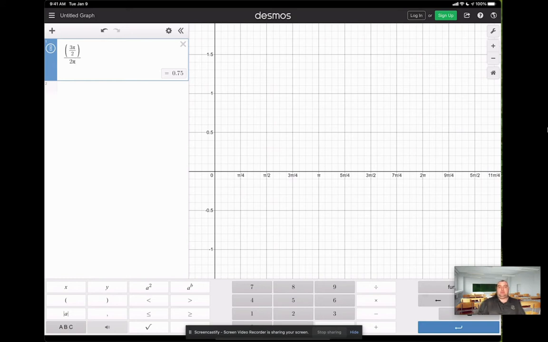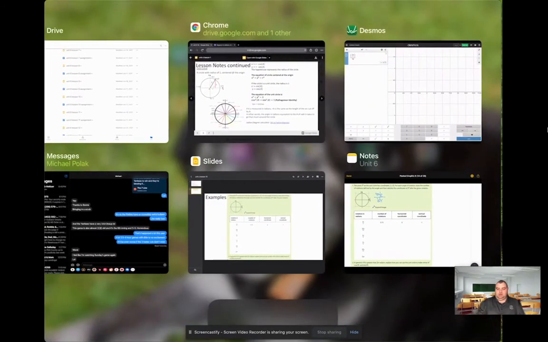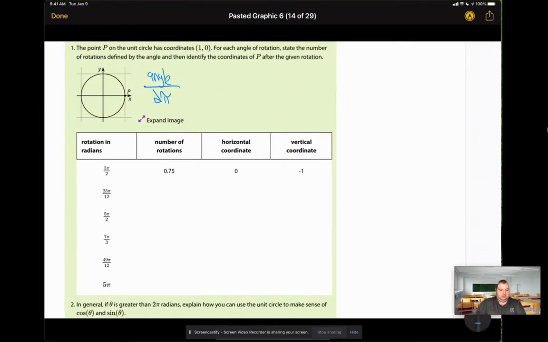So 3 pi over 2 is 3/4 of a full rotation. So on the unit circle, that's why we say 3 pi over 2 is always down here. So that's what we're going to do for all of these.